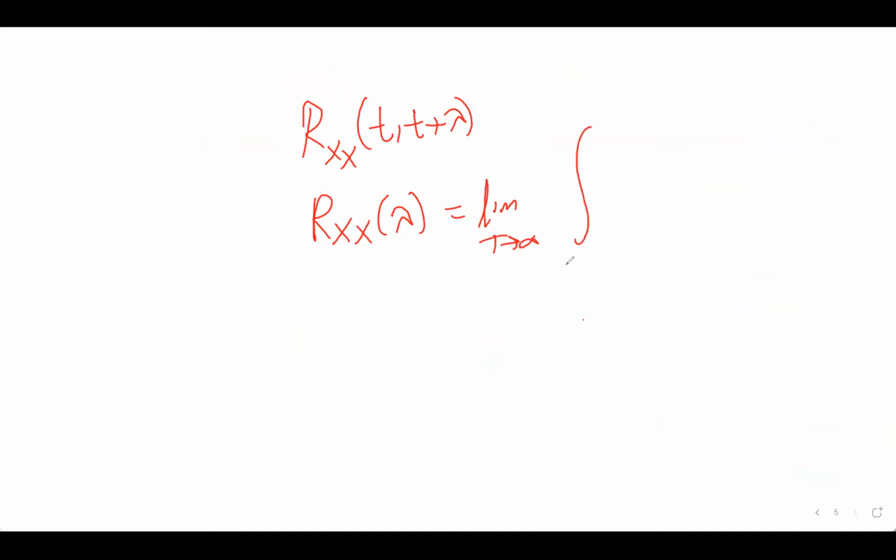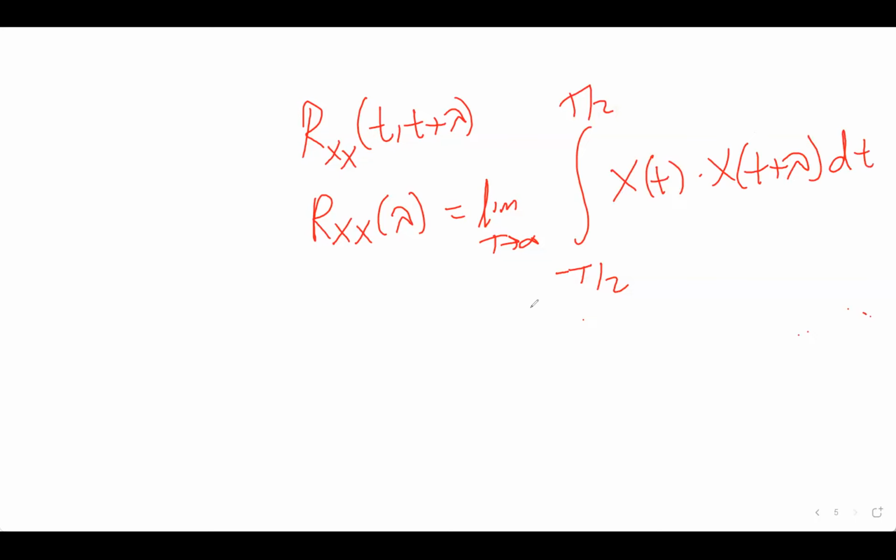So Rxx between any time t and t plus or minus lambda, in other words Rxx of lambda, is equal to the limit as T goes to infinity of the integration from minus T over 2 up to T over 2 of x of t times x of t plus lambda dt.